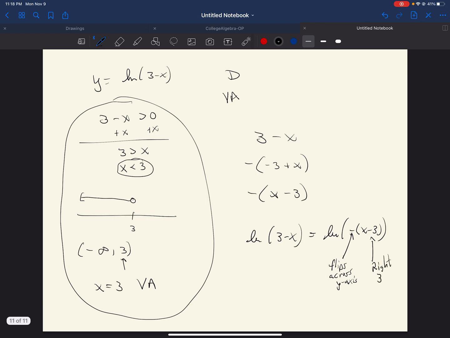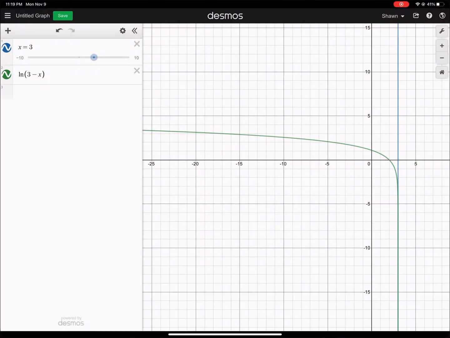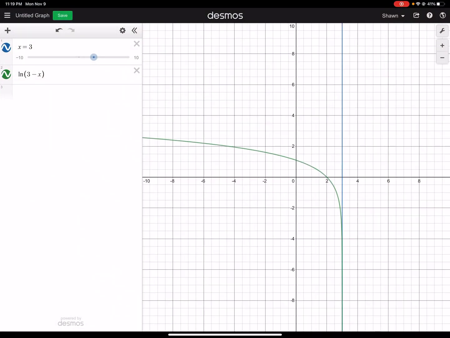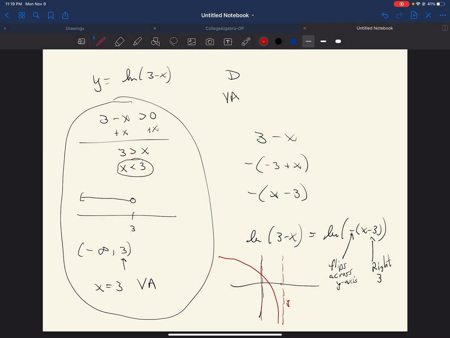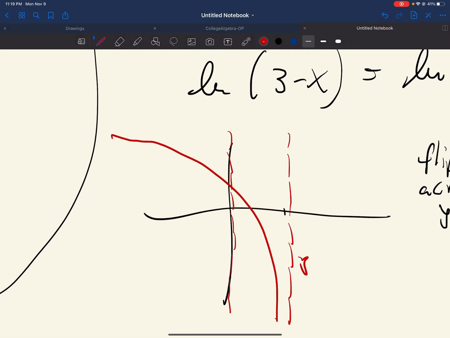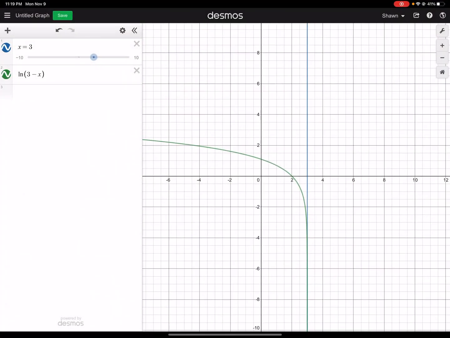So if I then drew a graph, it has to move right 3, so the normal spot that sits there at 0 now gets moved over to 3. And then normally my graph would look like this, but because it's flipped, it now needs to look like that. And so I'm going to draw it like that. And if we go back, that is exactly what it looks like. So this picture right here and that picture are nearly the same.